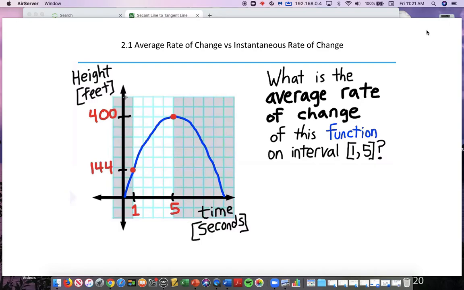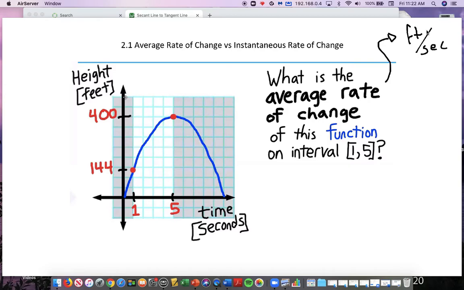Maybe somebody threw or launched a projectile up, and this is what happened with it. Maybe it's fireworks, maybe it's something else. But when you think about the idea behind rate, wouldn't it suggest that the unit here would be feet per second?